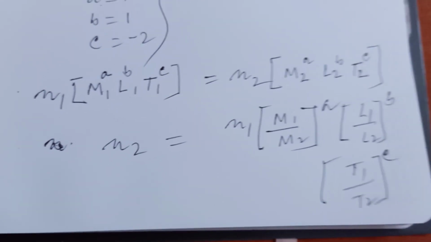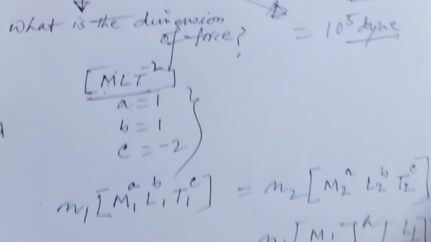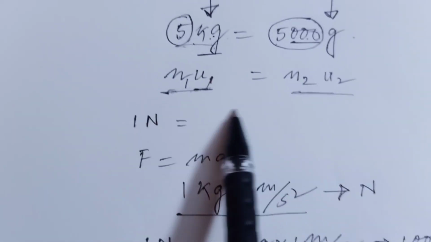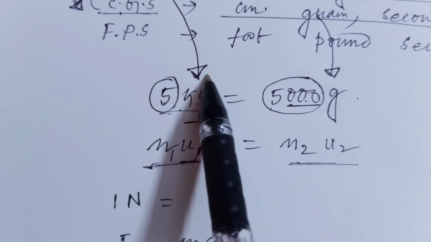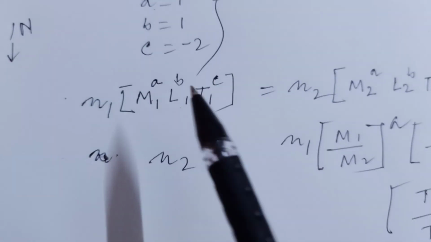So the numeric value into the unit gives the same physical quantity. Here the physical quantity is mass, and here also the mass. So the physical quantity remains the same.